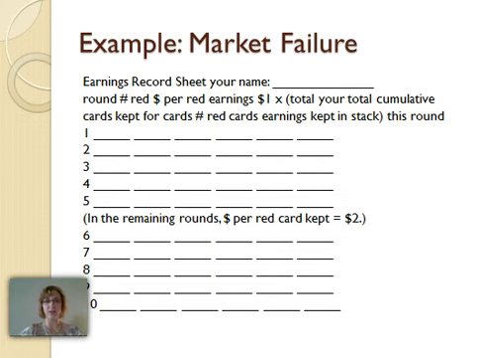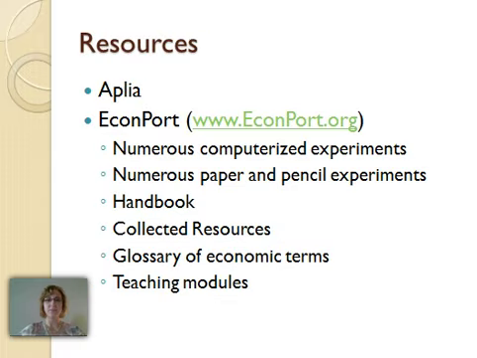So if you put one red card in, everybody gets $1. And what you're finding out is how willing they are to give up their $4 to put $1 in for everybody. And even if you let them talk, they find out that people aren't willing to pay to see everybody else succeed.